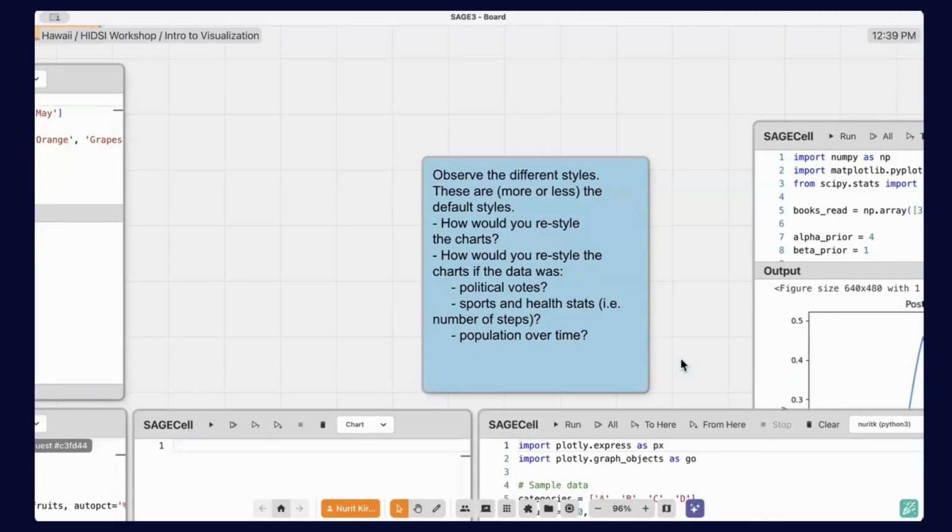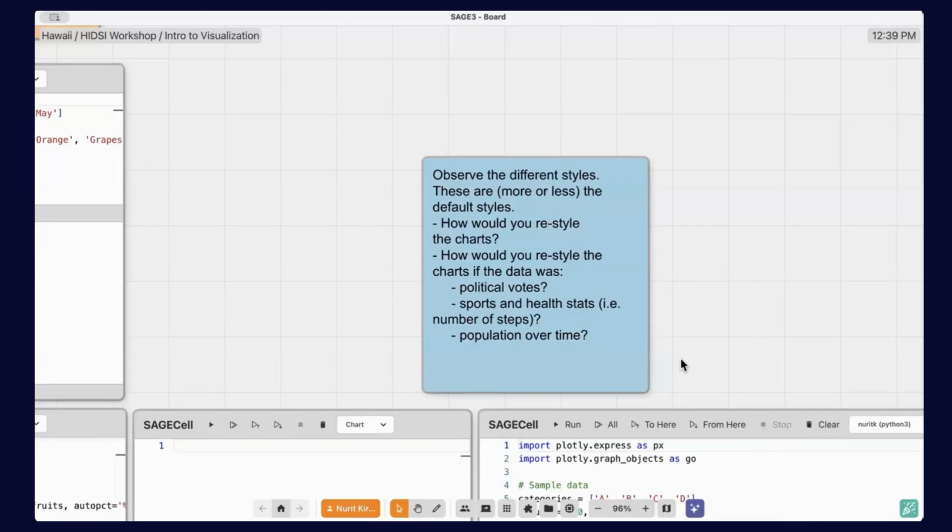Yeah, but whatever it is, if the thing that is associated with your data has built-in color associations, it's a good thing to use them because you're using something that a person already has in their long-term memory, right? So if you're doing this political vote, you'll probably do the red-blue kind of comparison, right? Maybe gray for other. So using colors can be very helpful.